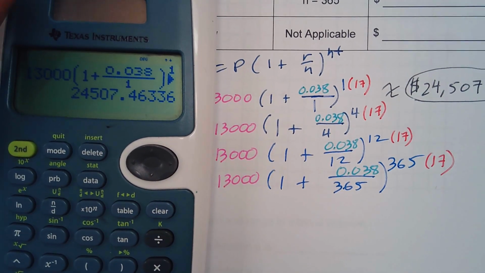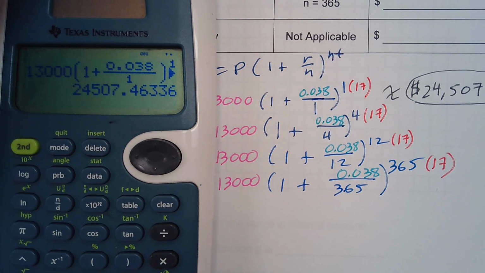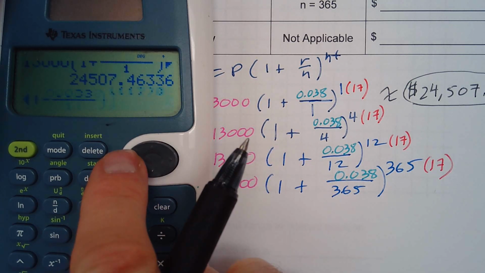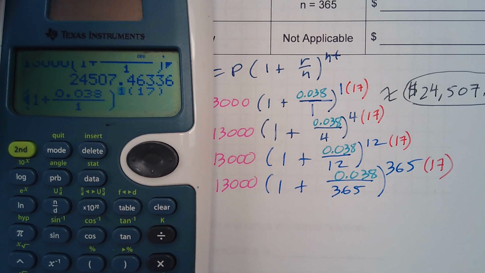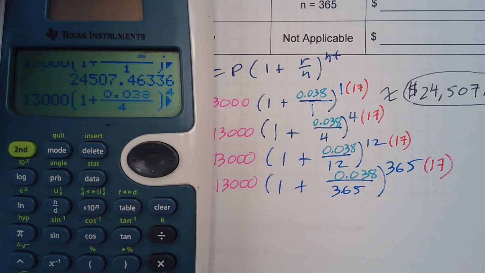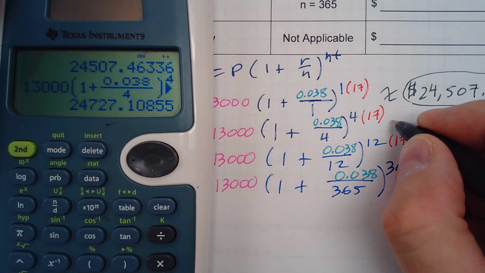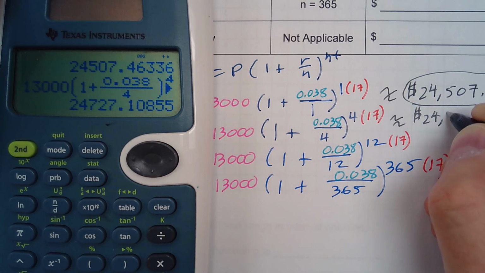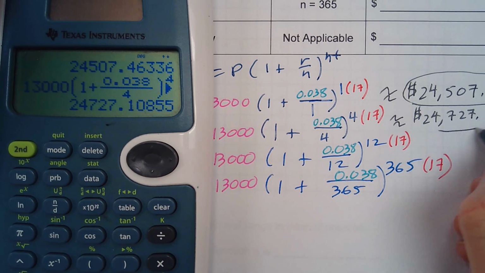Now I'm doing the exact same thing in part B, but I'm changing n to 4. So I'm going to hit my up arrow twice, highlight it, enter. And I'm going to change those 1's to 4's. Hit enter. So that gives me $24,727.11 if we round that off.